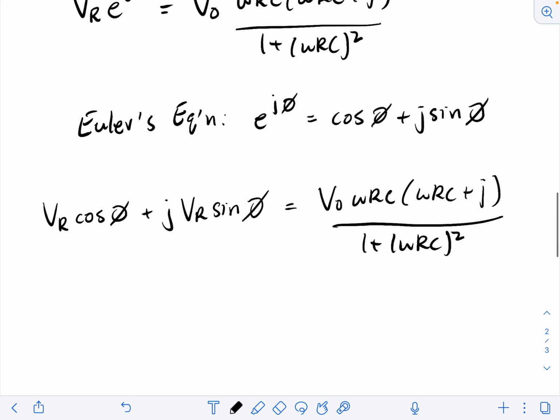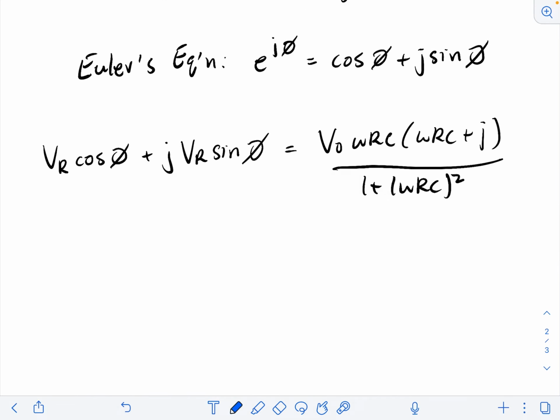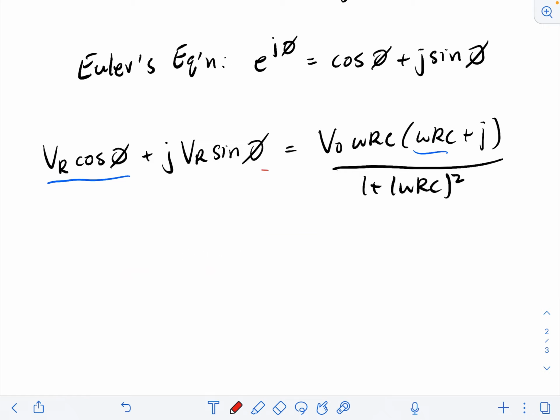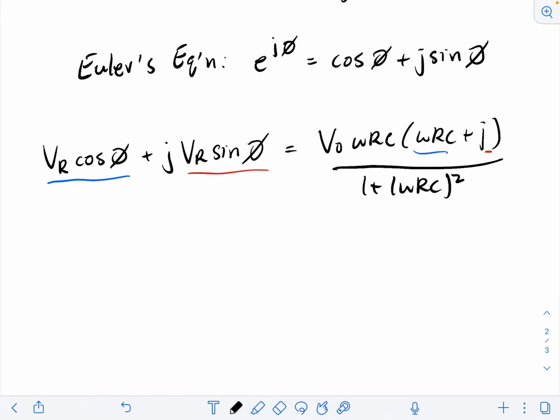Okay, so we're going to take the real components and equate them, and we'll take the imaginary components, things multiplying j, and equate them. And so we'll end up with two equations, and that's going to be convenient because we're going to have two unknowns. Our unknowns are the amplitude of the resistor voltage and the phase of that voltage.